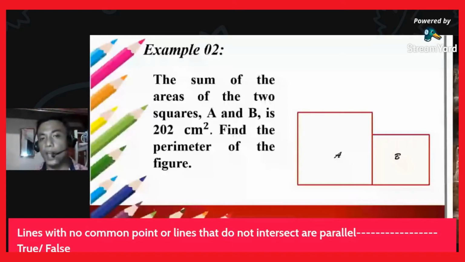What is the area of the figure? I'll give you 10 seconds. Okay, what do you think is the perimeter of the figure? That's how we're going to study the solution.